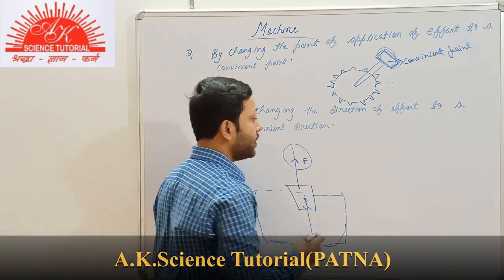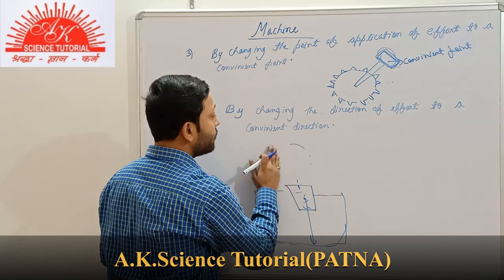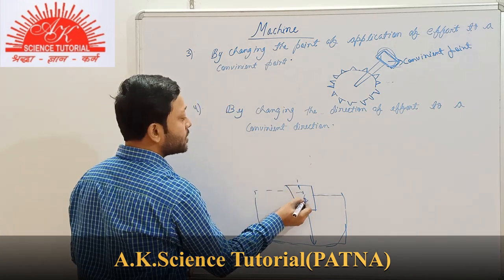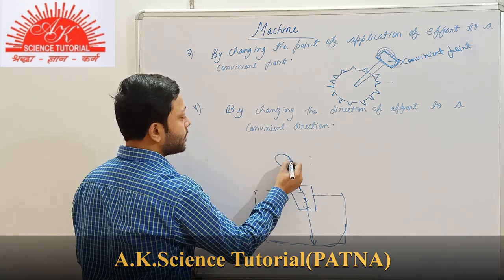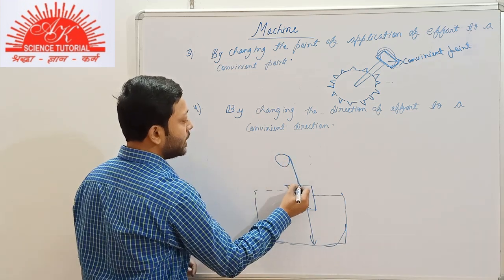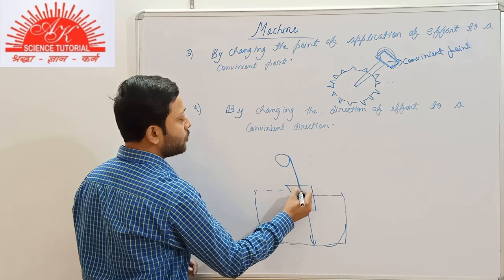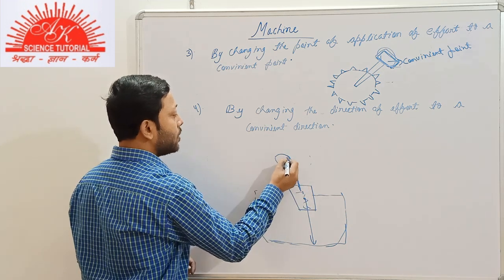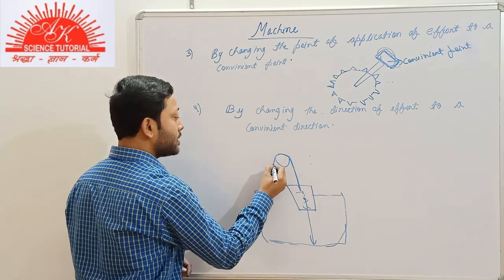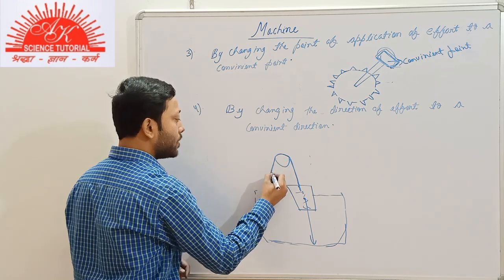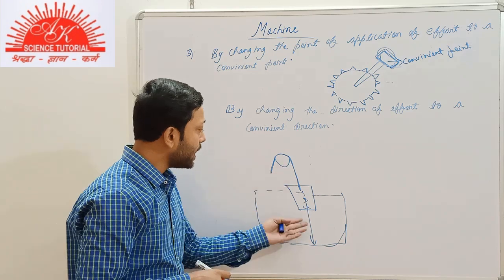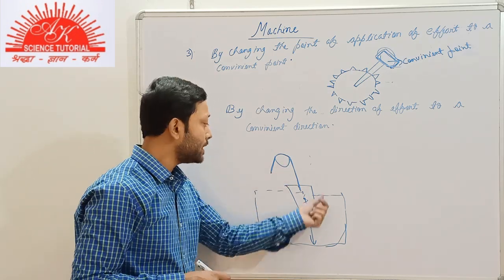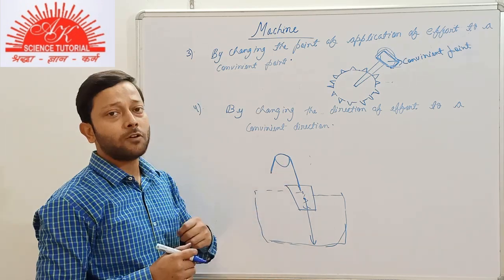But if we use a pulley over here, suppose that this string passes over a pulley. Here we have a pulley over which the string passes. Now this string comes to this end, and suppose I am given the task to pull this bucket filled with water out of the well.